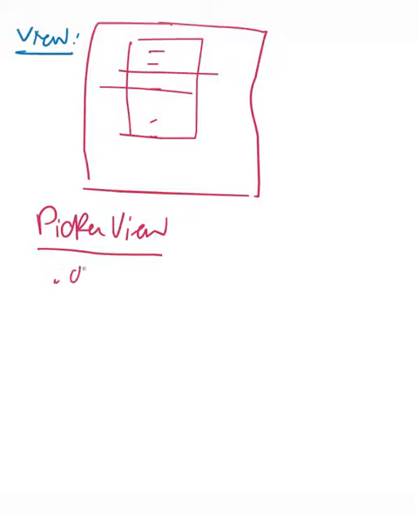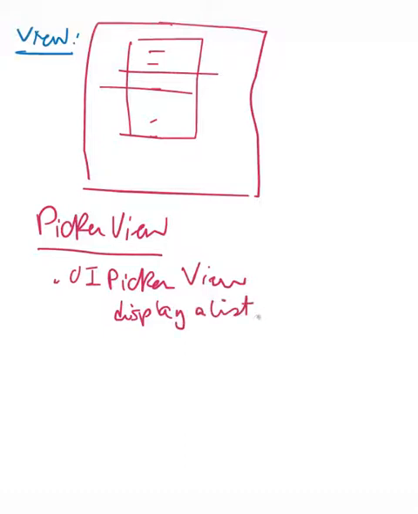We'll learn that the picker view is a library called UIPickerView, and this library is responsible for displaying a list and giving the user the ability to select from the list, and the user scrolls over the list. Where is the list coming from? And when the user scrolls, that's an action. Who responds to this action?